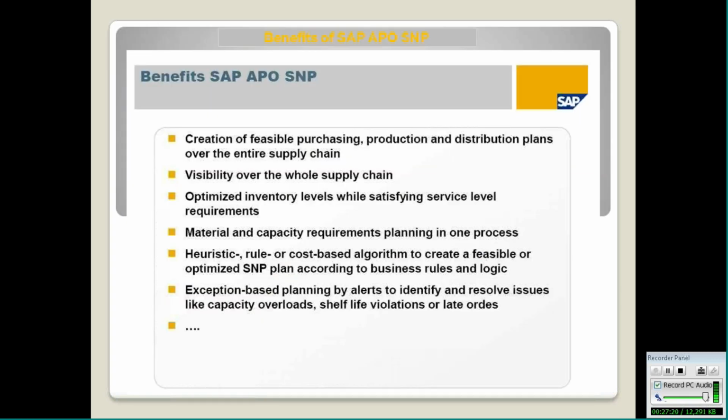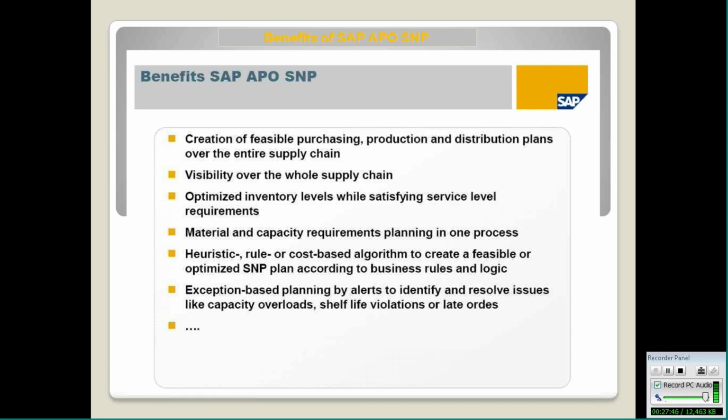And these are some of the benefits of SAP SNP. We have a choice of different engines, heuristic, CPM and optimizer, so however they want to do the planning, we can map it. It supports subcontracting, shelf life planning, safety stock planning and aggregated planning. Many features are there, and everything we can see in one screen, the interactive planning screen.